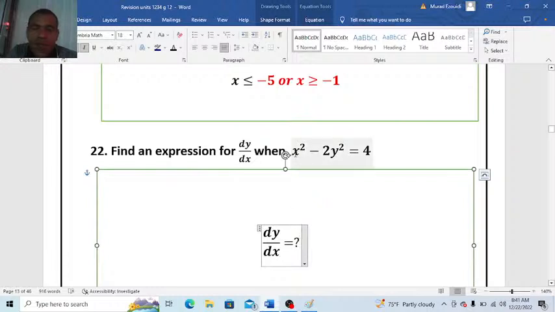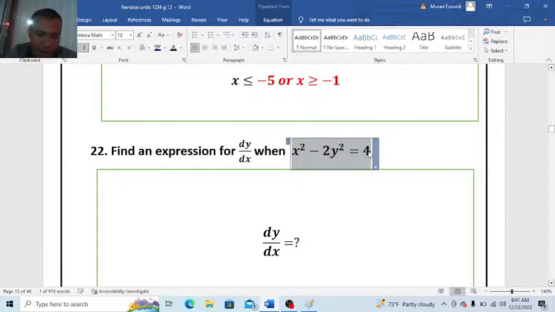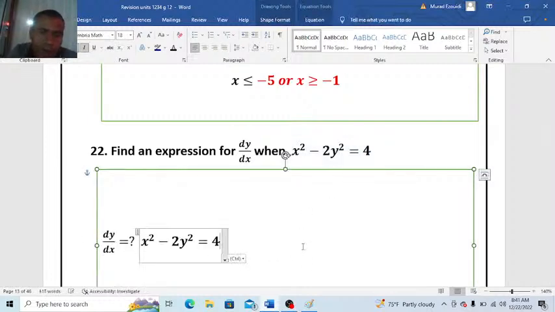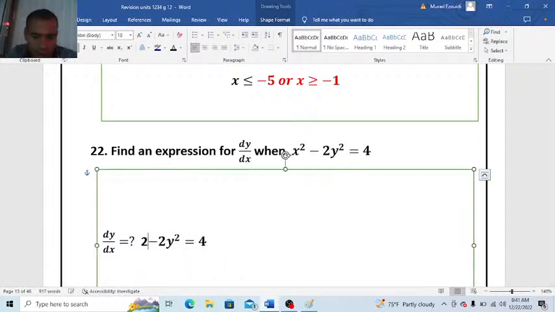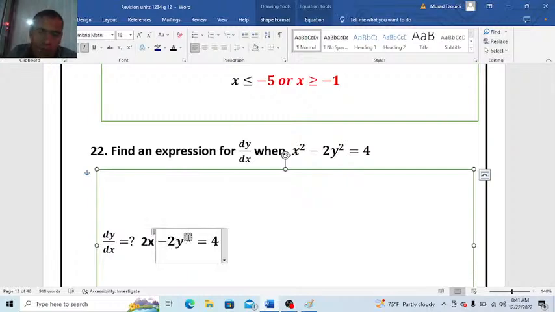Okay, therefore I will start from this one. The first derivative of x squared is 2x, we told. Then minus 2 multiplied by y, dy with respect to x.